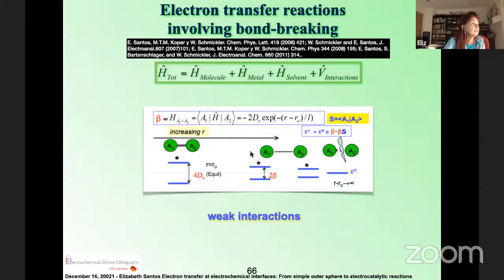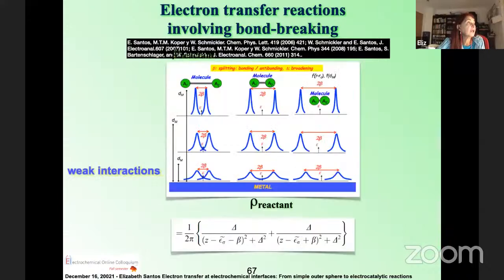And when we have the molecule, we have a bonding and anti-bonding orbital, and when the distance between the atoms increases and increases, they collapse into one level that corresponds to the separated atoms. When we have weak interaction, we can consider electronic levels like delta Dirac.